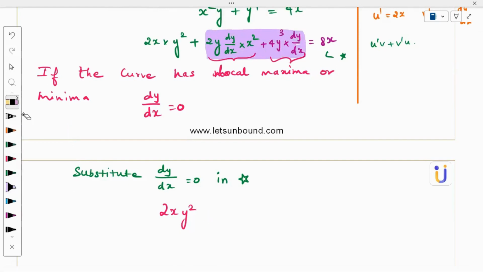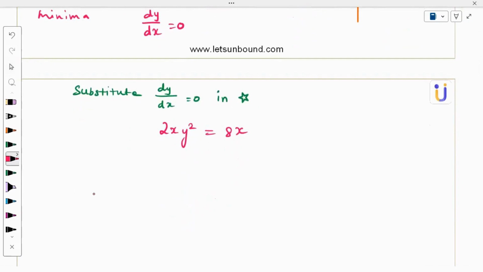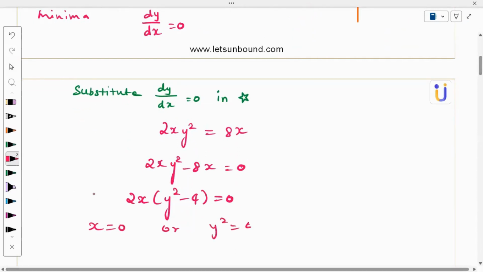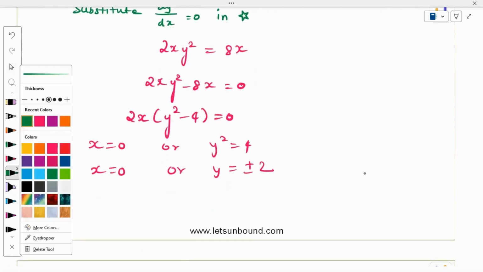So 2xy² = 8x, and let's try to solve this. 2xy² − 8x = 0. Take 2 and x common, you will get y² − 4 = 0. So this says x is 0 or y² = 4, so x is 0 or y equal to plus or minus 2. I got solutions, right? But it is an absurdity.